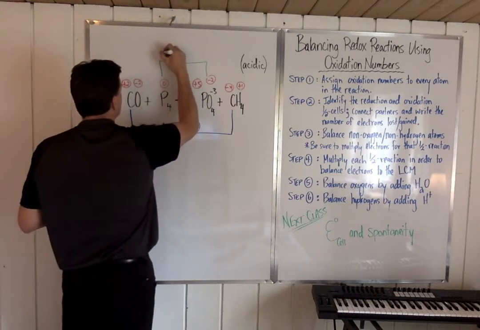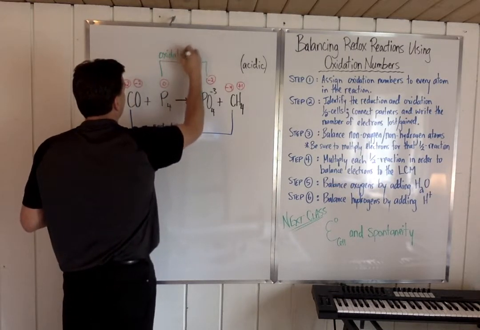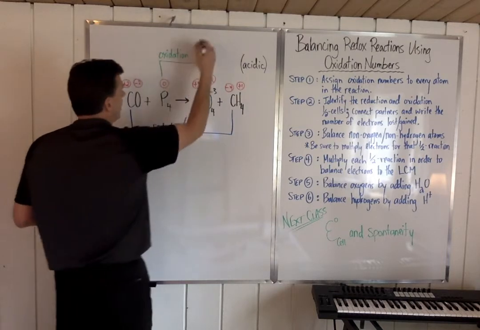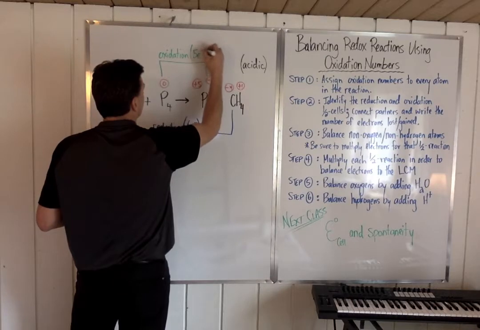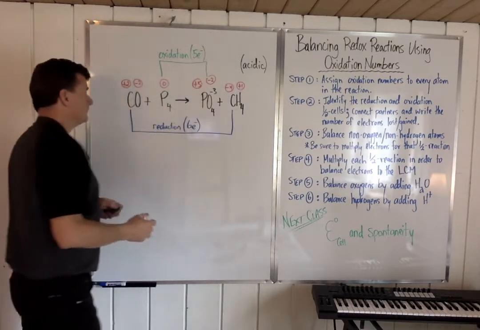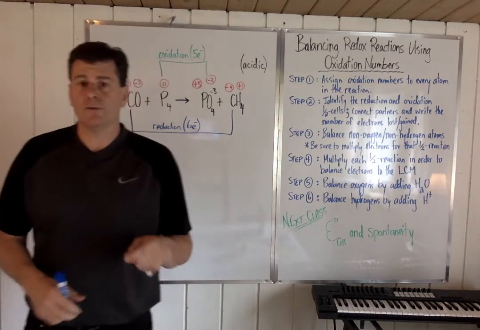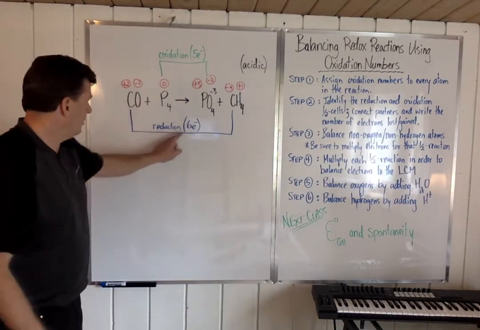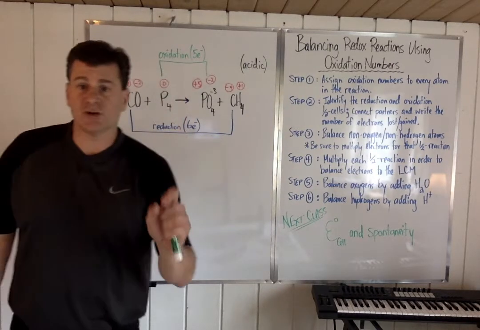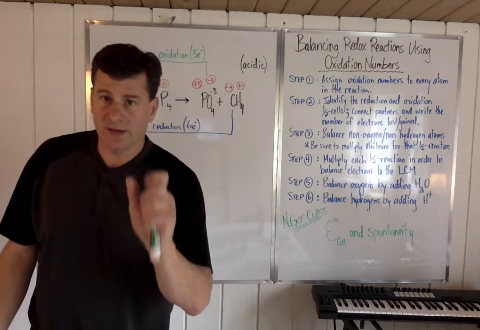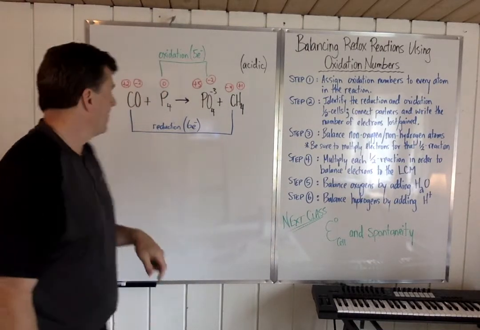So that's an oxidation of 5. Okay, so the reduction here is 6 electrons. The oxidation is 5 electrons per atom. Okay, critical that you understand that it's per atom.